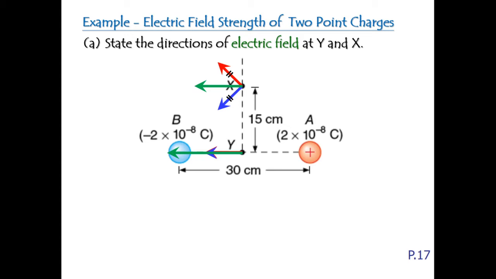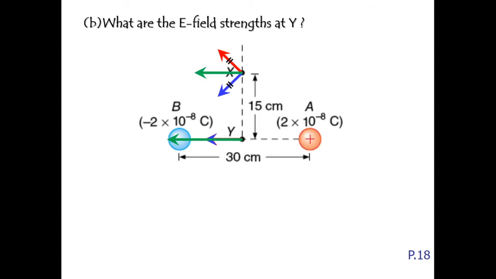Apart from the direction of the electric field, can you calculate the magnitude of the electric field at Y? Okay, let's do it right now. The electric field at Y should be the sum of the electric fields due to the charges at A and at B, because the directions of the electric fields are both pointing to the left, the same direction.